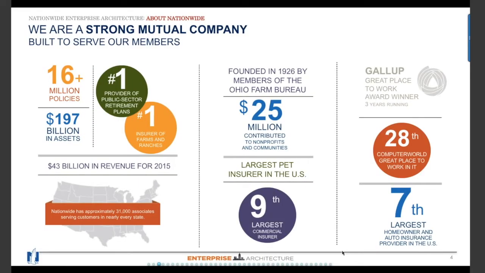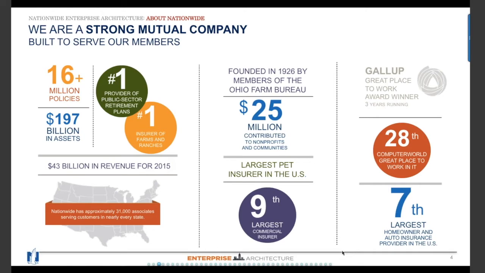Let's go ahead and jump right into just a little bit about Nationwide. For those of you that don't know, Nationwide is one of the largest insurance providers in the United States, but we're a lot more than just insurance. Nationwide actually has three primary lines of business. We do insurance, both personal and commercial insurance.